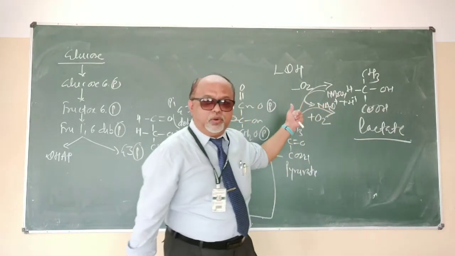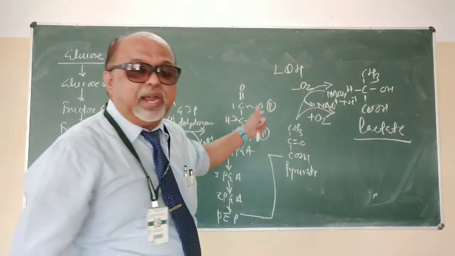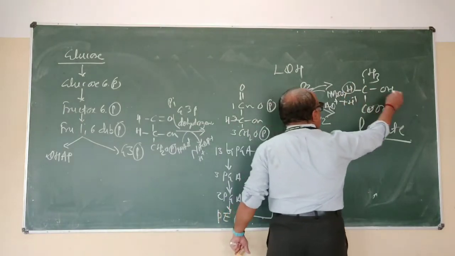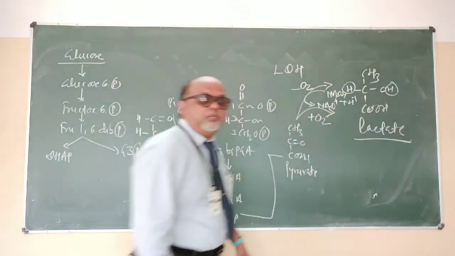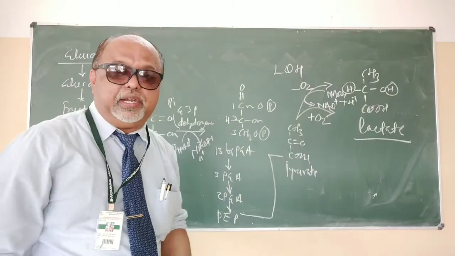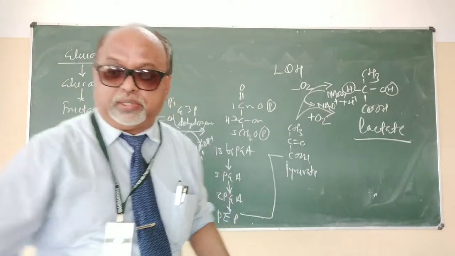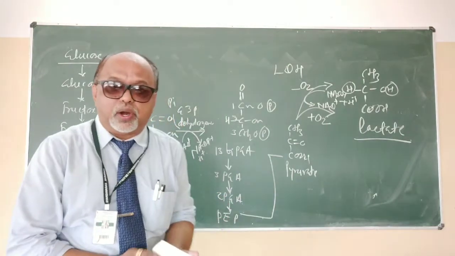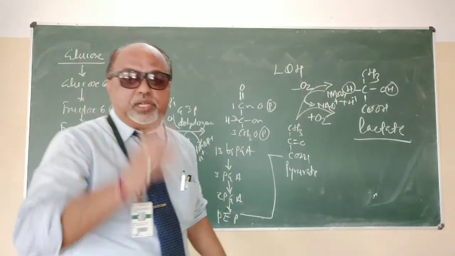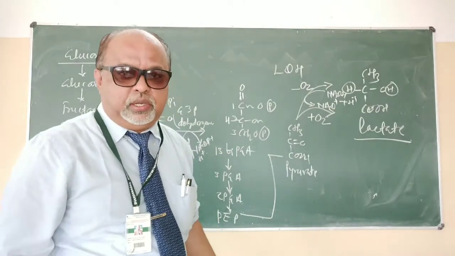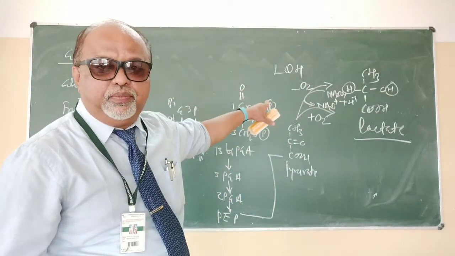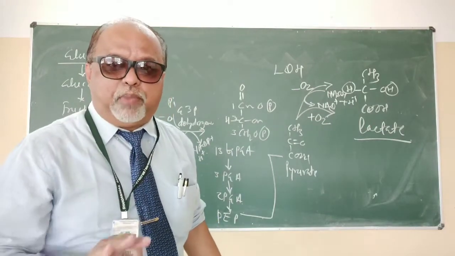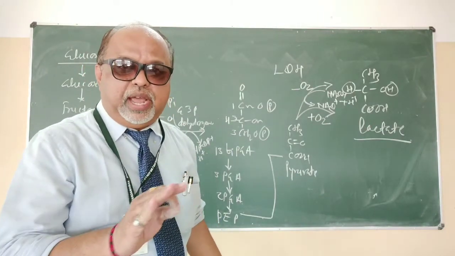It donates the electron to pyruvate, which gets reduced to lactate. Now try to understand the definition we saw in the introduction: fermentation is an anaerobic process, occurring in absence of oxygen, in which an organic compound acts as an electron donor as well as electron acceptor.